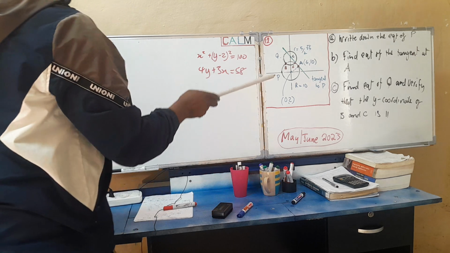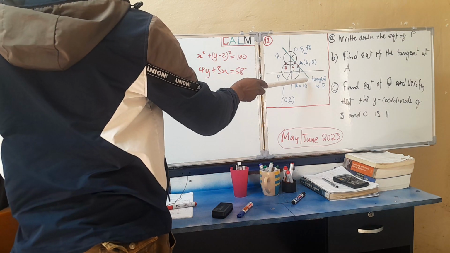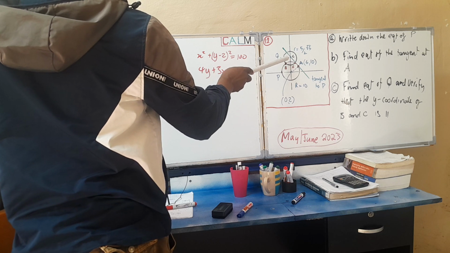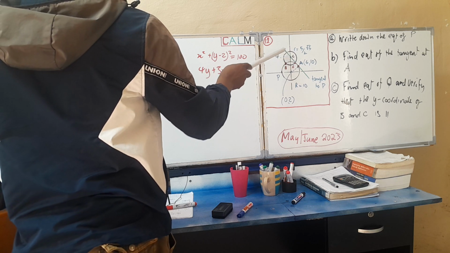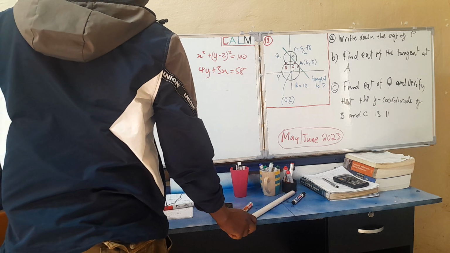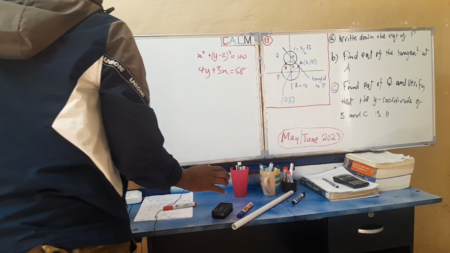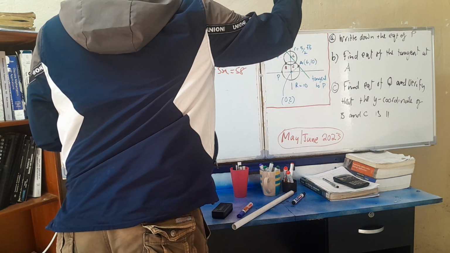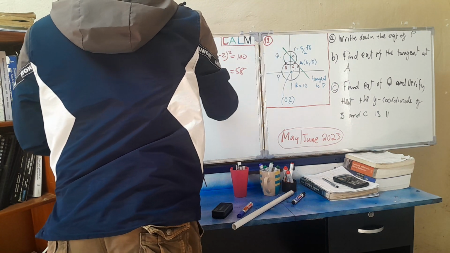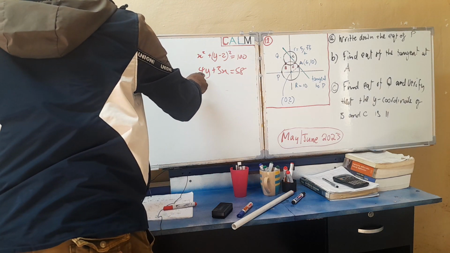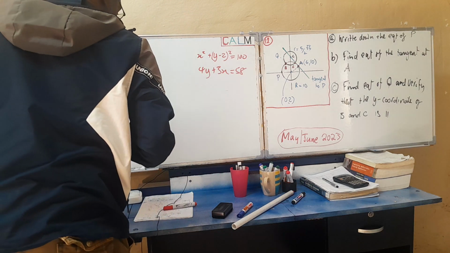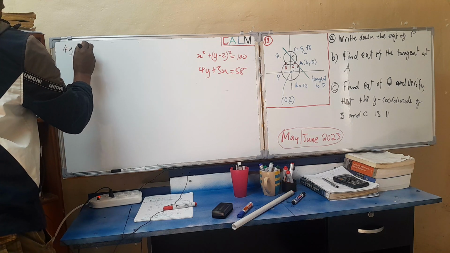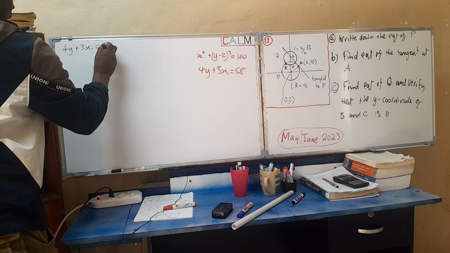Now, we are told that this tangent here crosses the y-axis at point C, and at that point, it's the center of circle Q. So all we have to do is, we know that on the y-axis, our x is equal to 0. So what will be y when x is equal to 0? We have our equation there, 4y plus 3x equals 58.